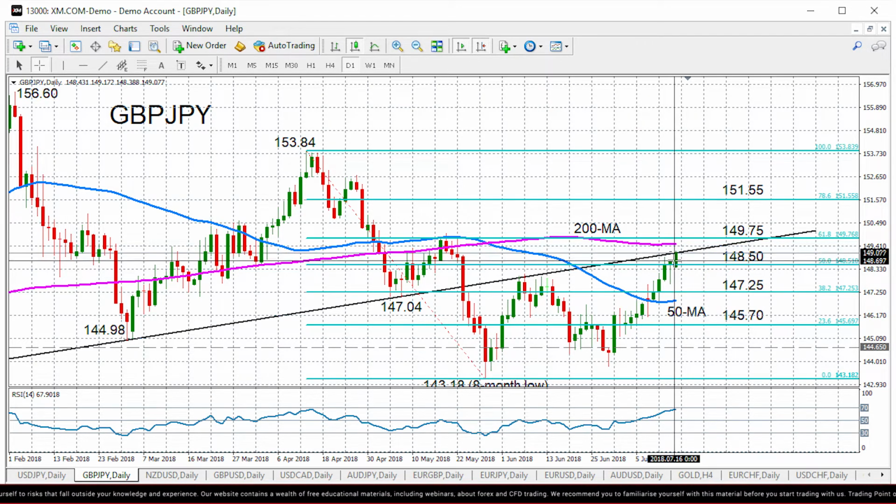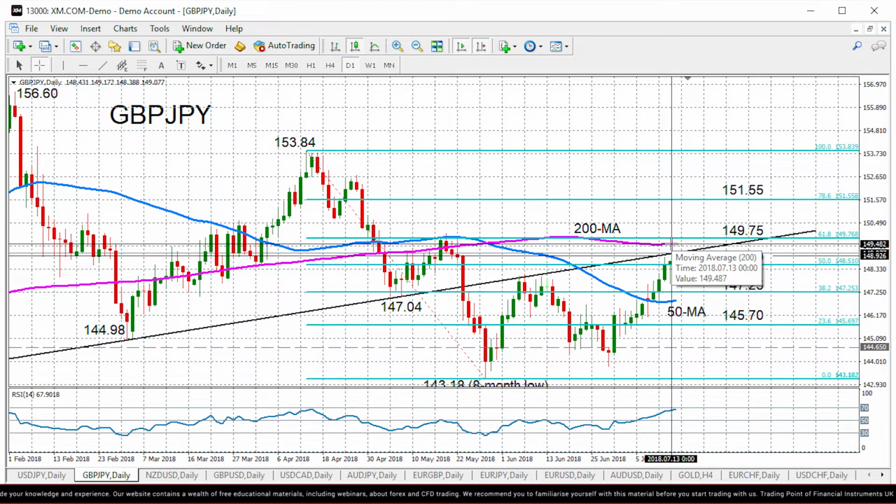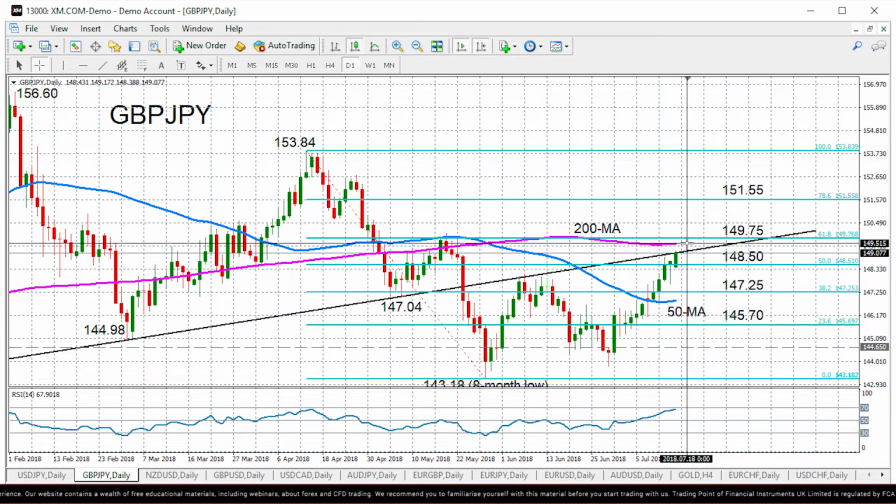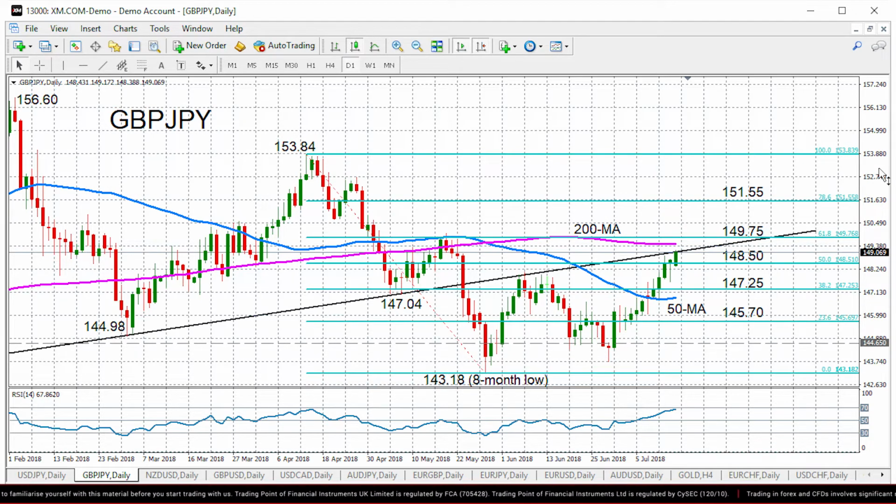be more resistance at the 200-day moving average around 149.50, and then not too far above that we have the 61.8% Fibonacci retracement of the downleg from 153.84 to 143.80. So that's around 149.75.